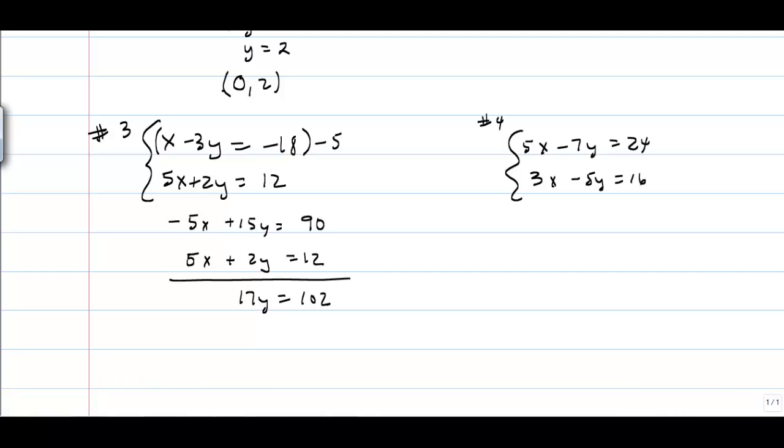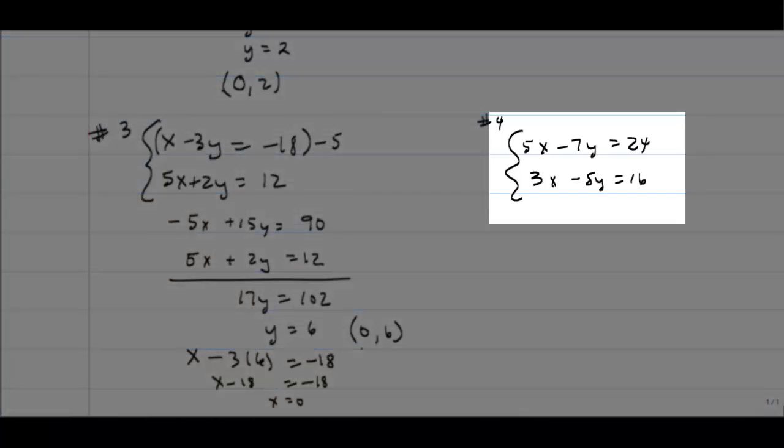And when I divide both sides by 17, I get that y is equal to 6. Now I need to find x, so I'm going to use the first equation and have x minus 3 times 6 equals -18. Again, I'm using the original equation. And I get that x minus 18 equals -18, or x is equal to 0. So my solution is (0, 6).